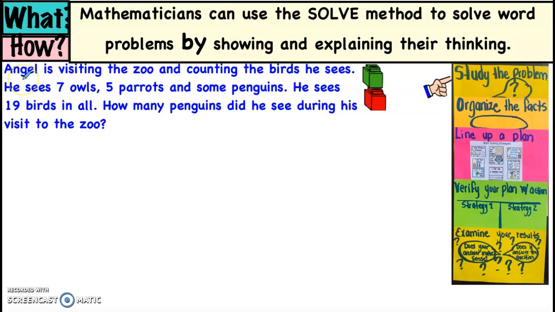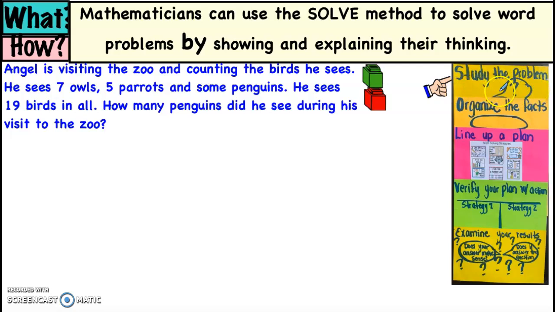So read with me again as we go through the solve to solve our problem. Angel is visiting the zoo and counting the birds he sees. He sees 7 owls, 5 parrots, and some penguins. He sees 19 birds in all. How many penguins did he see during his visit to the zoo? So our first step is to study the problem.